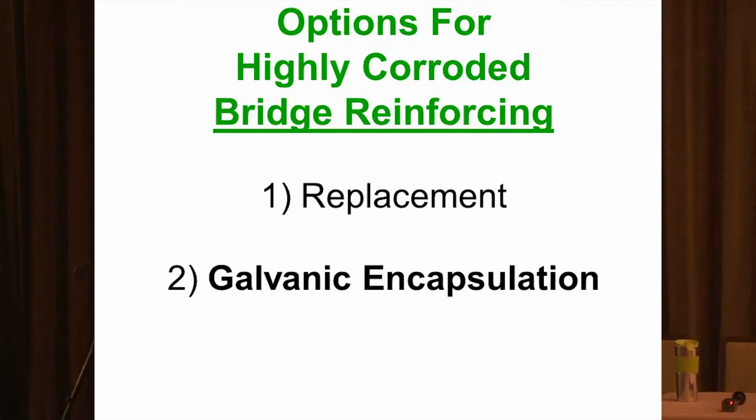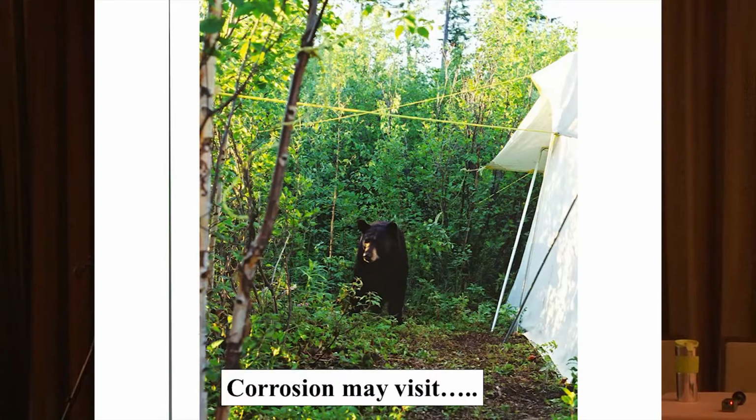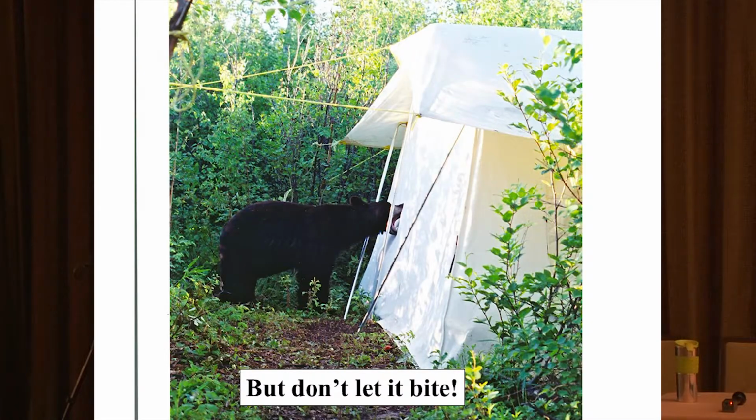The other option is that, with the entire project or with different parts of it, you may want to consider galvanic encapsulation as another tool in your toolbox, so to speak. So with that in mind, it's okay for corrosion to visit, but you hopefully don't want to let it bite.